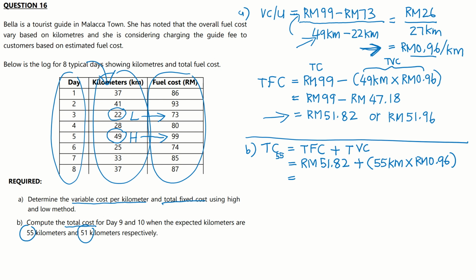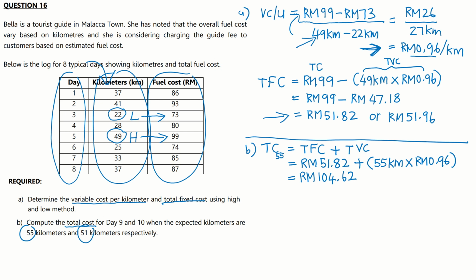Let's do some calculation here. For 55 kilometers, the total cost would be 104 ringgit and 62 cents. So that is for day 9, where the expected kilometers are 55.